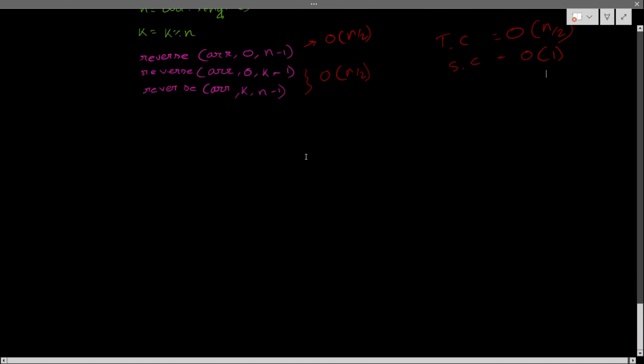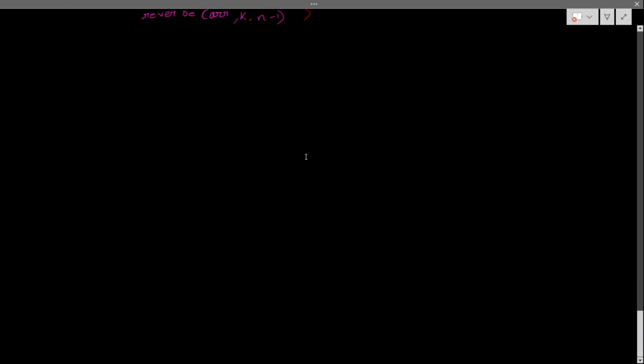So let's see what we could do if we find any relation between left and right rotation.